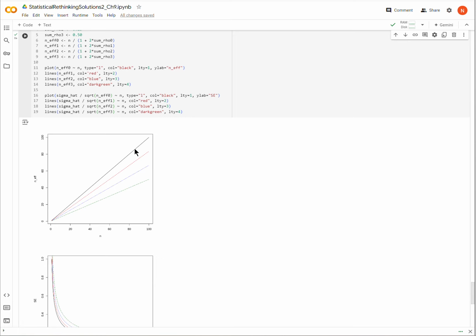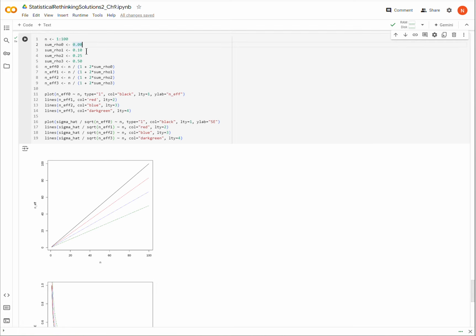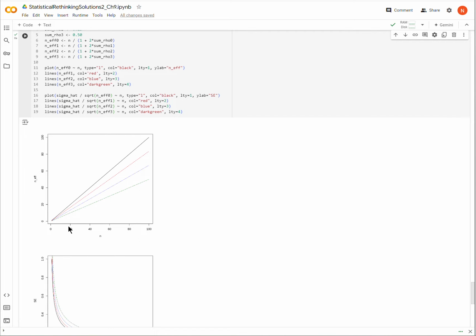When there is no autocorrelation, we see that the number of effective sample sizes equals the number of iterations, which means that we have completely independent samples. Now, as the correlation increases from 0.1 to 0.5, we see that as we get more and more iterations, we achieve a smaller and smaller number of effective sample sizes, just as we predicted.